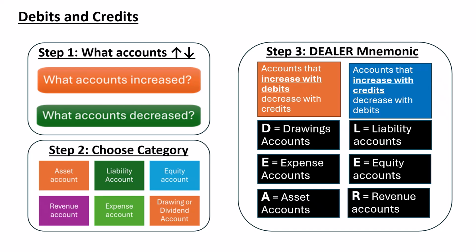I recommend that you follow this approach where in step 1 you identify what accounts increased or decreased, followed by step 2 where you classify the accounts that you identified in step 1 by account type, and in step 3 where you use the dealer mnemonic to find the debits and credits. Let's look at transactions 7 to 12 for Eli's consulting and apply this process to the analysis of business transactions with the use of T accounts.